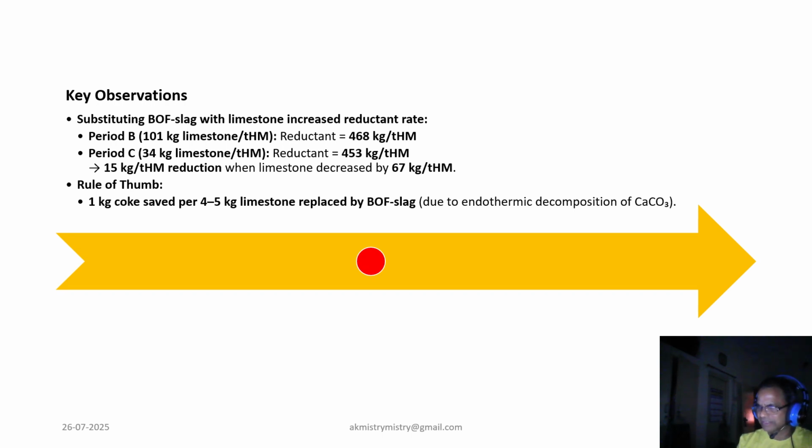The science says that limestone decomposes in the furnace in one endothermic reaction, and as you are well familiar, CaCO3 gives CaO plus CO2. This reaction consumes thermal energy, demanding additional coke to maintain temperature. In contrast, BF slag provides preformed CaO, which reduces the energy burden. The empirical reduction in coke aligns with the theoretical predictions, validating this relationship.